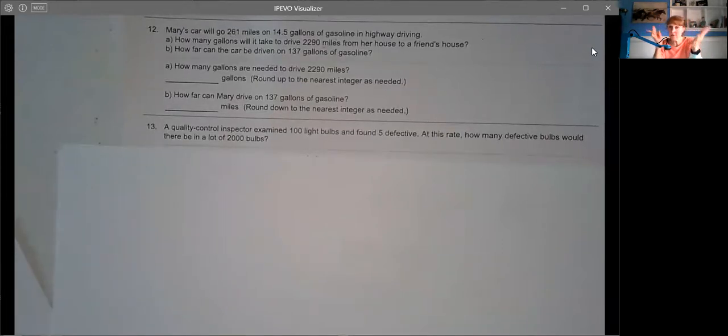In this sentence, they've related the light bulbs inspected to the light bulbs defective. So that will be your basic, your original ratio. At this rate, how many defective bulbs would there be in a lot of 2,000 bulbs? So now one's missing, but you're given another one.